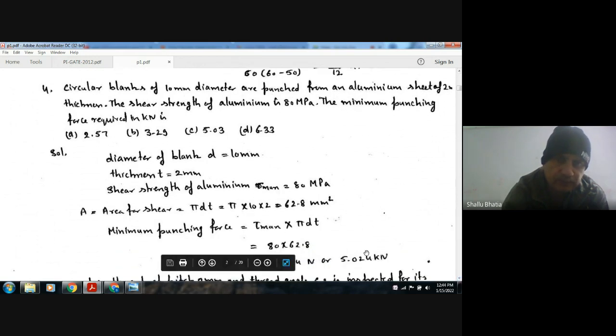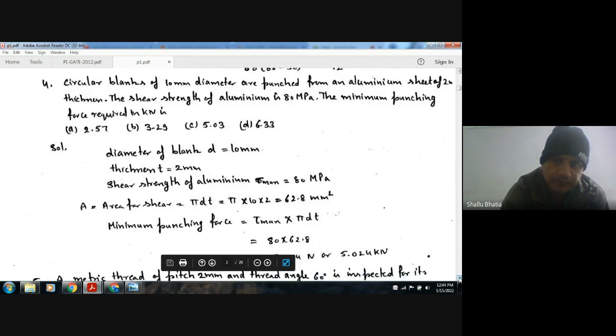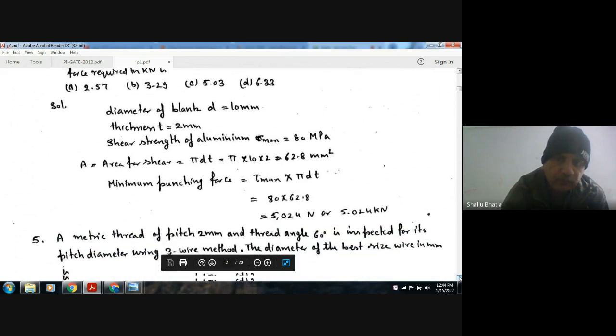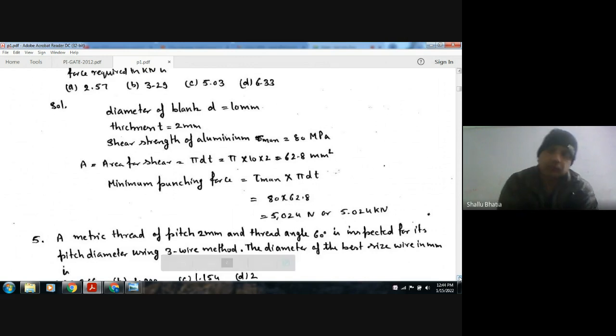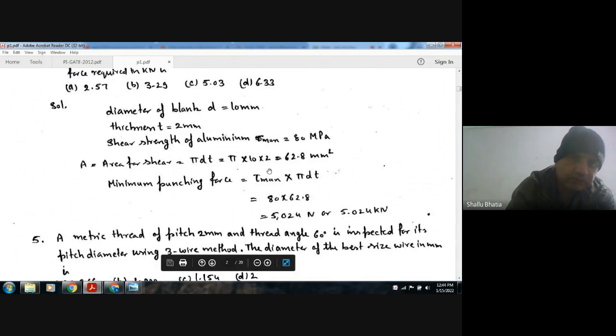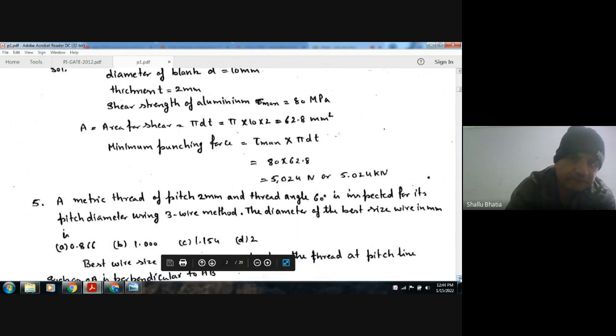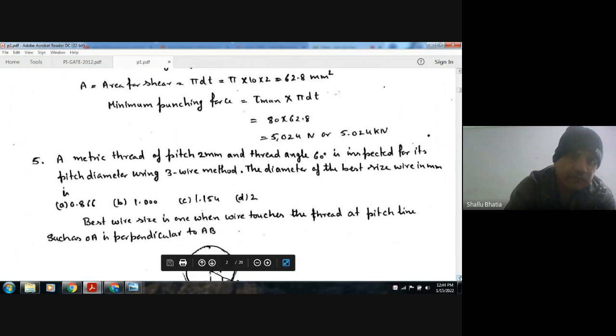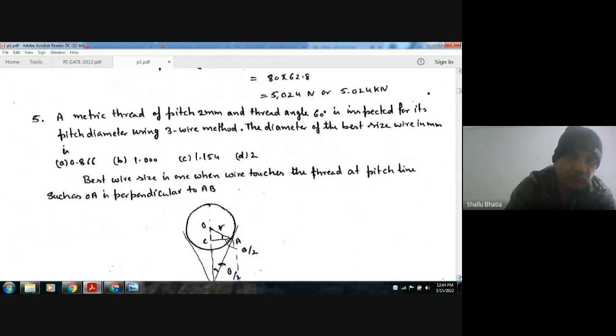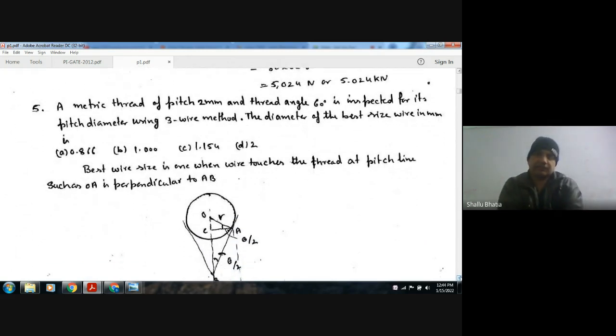So the answer is 5024 Newton or 5.024 kilonewton. So you have to multiply the maximum shear stress with the area and you get the minimum punching force.